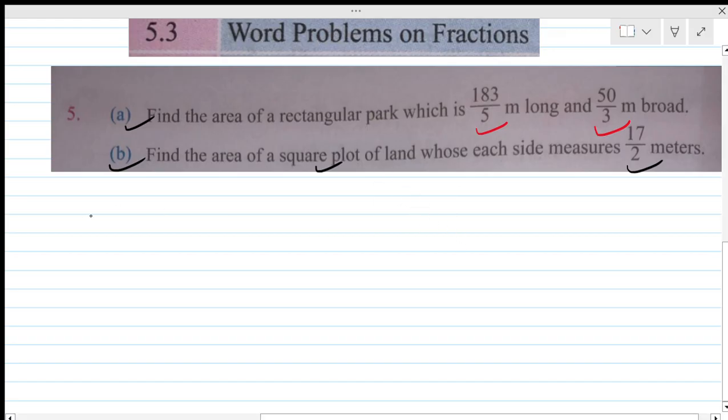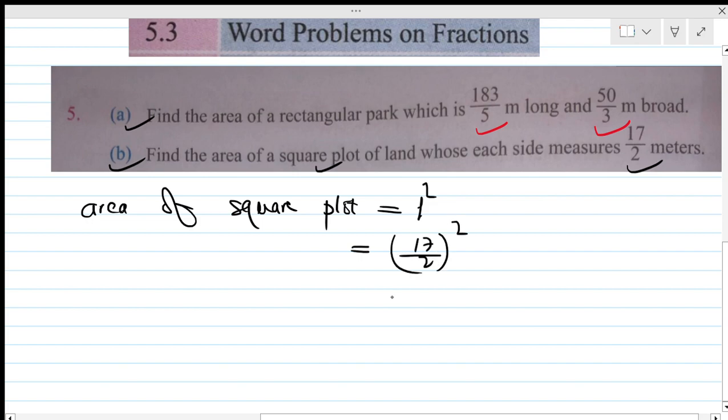Okay, so number B. Area of the square plot of land equals L square, length square, and the length is 17 by 2. So 17 by 2 square is 17 by 2 into 17 by 2, and 2 square is 4, and 17 square we have to identify here.